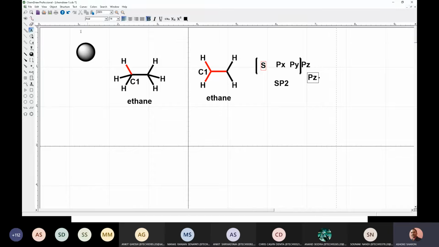So what we can see here at this point, when we talk about ethene, meaning when a double bond is there, then you have sp2, and sp2 is how many orbitals? sp2 has a total of three, and then one orbital is pz.